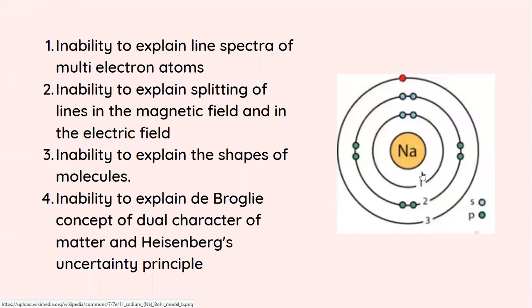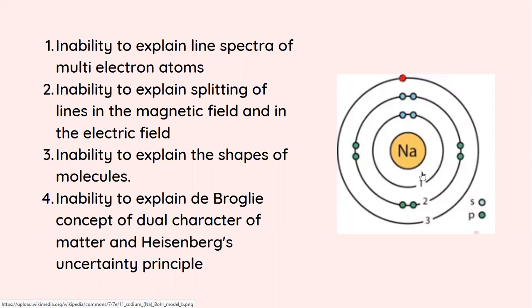So the first one: inability to explain the line spectra of multi-electron atoms. When we spoke about Bohr's atomic model for the hydrogen atom, I specifically told you that the equations we had studied for energy and radius were applicable only to atoms which have a single electron.